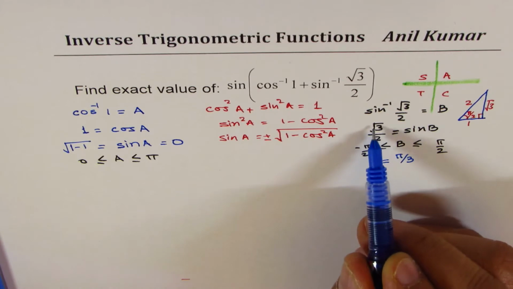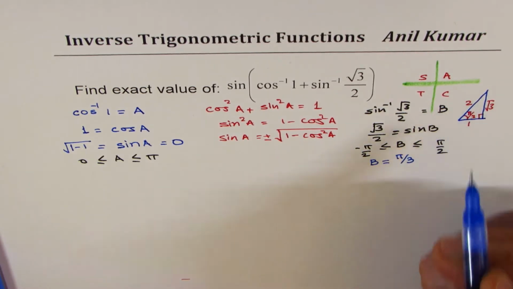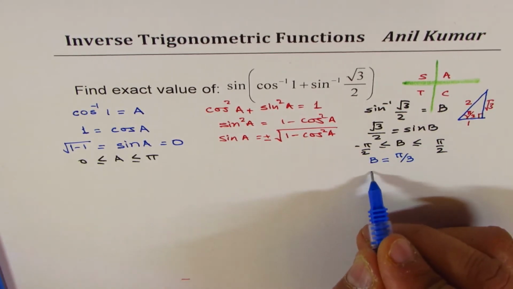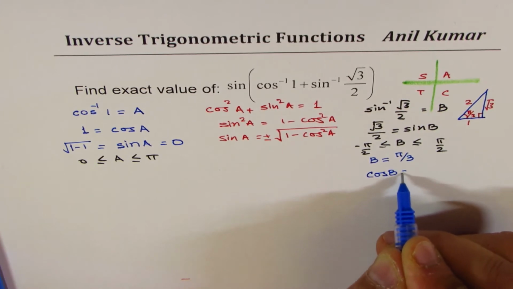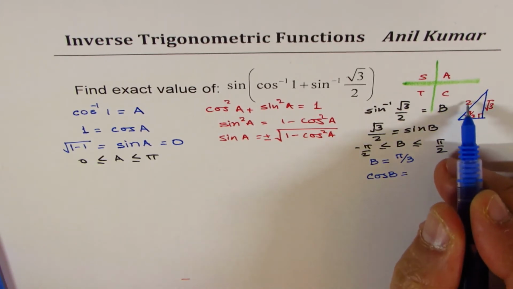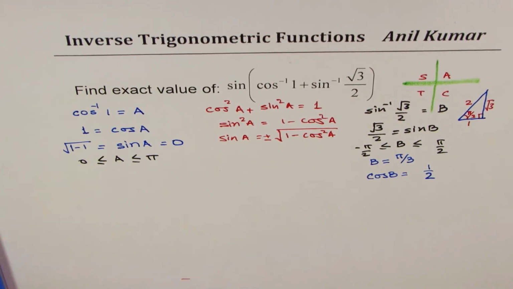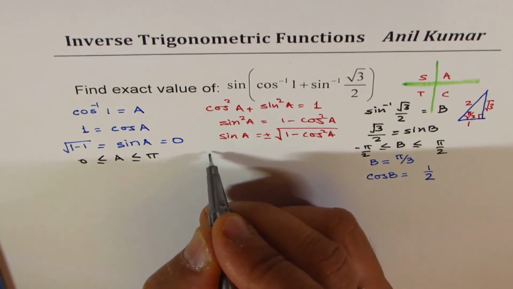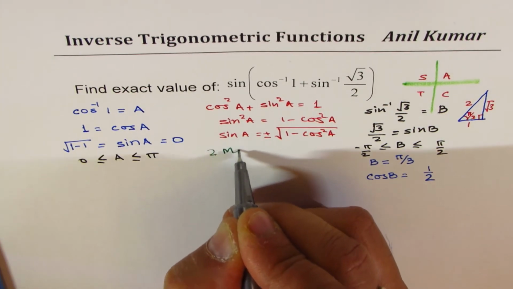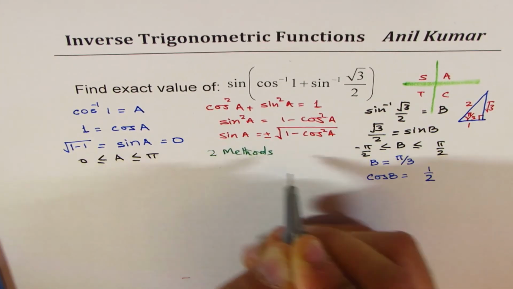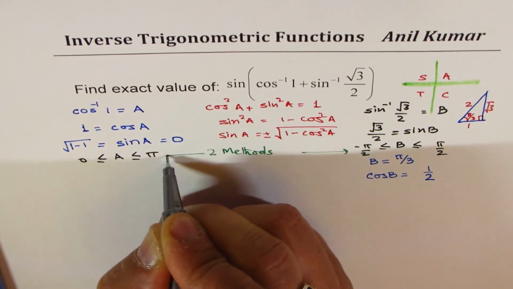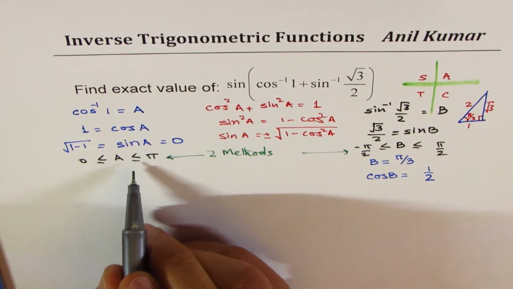When we know sin B is square root 3 over 2, from the triangle also, you can find what cos B is equal to. Cos B is 1 over 2, adjacent over hypotenuse. The idea of all this is to tell you that there are two ways. I've shown you two methods to find the other trigonometric ratio.